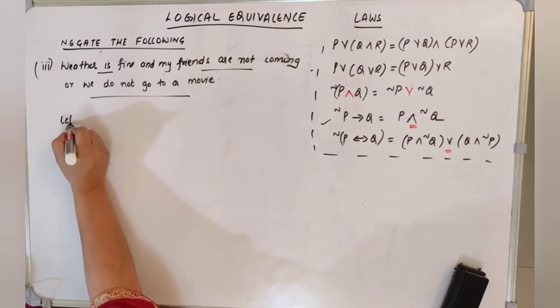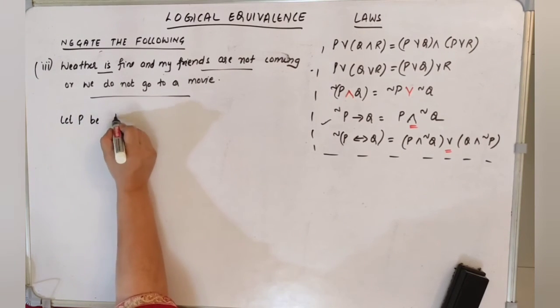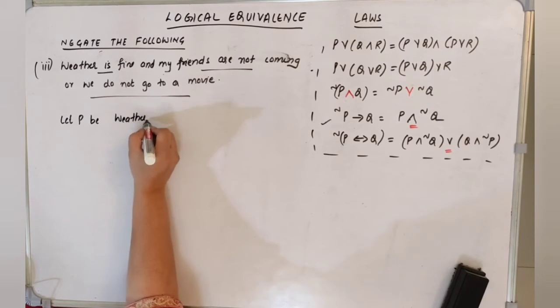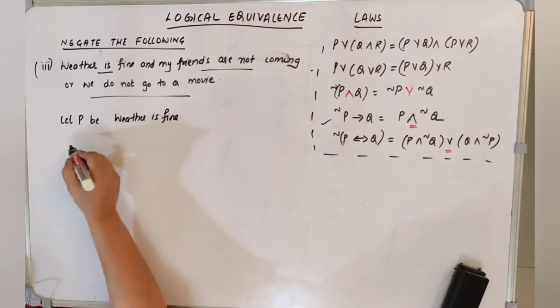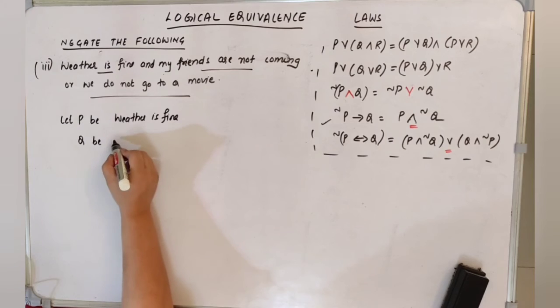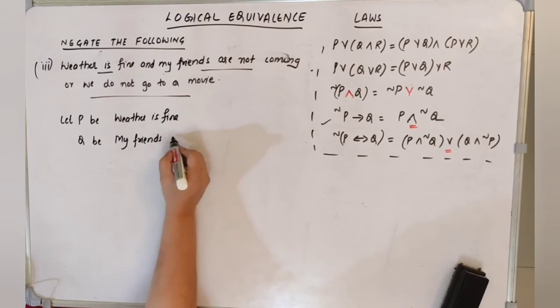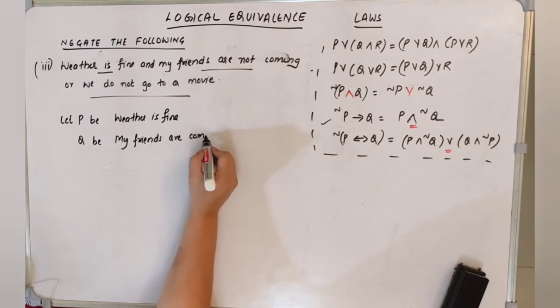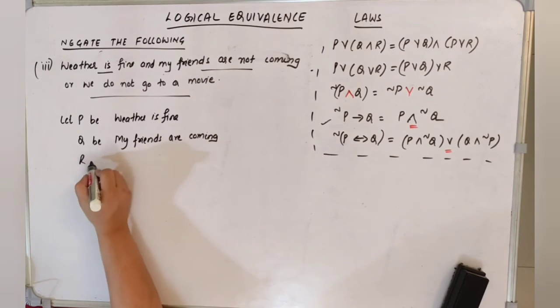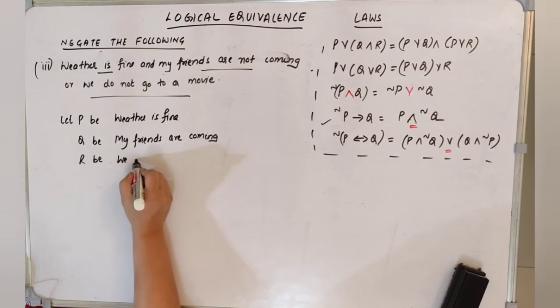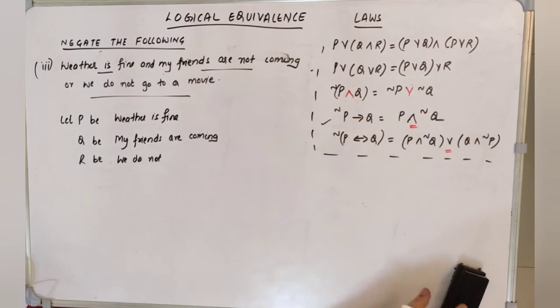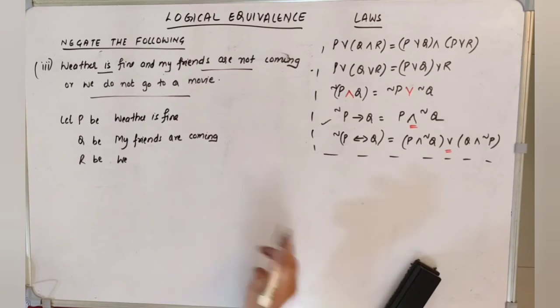So let P be weather is fine, Q be my friends are coming. Do not negate it. R be we go to a movie.